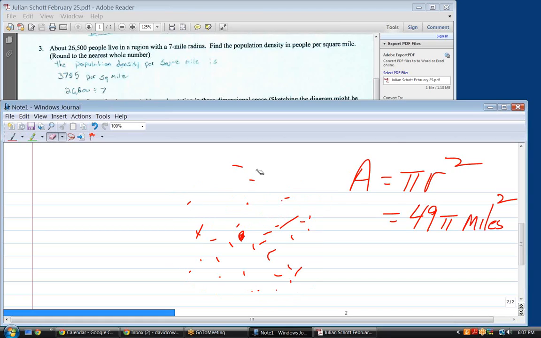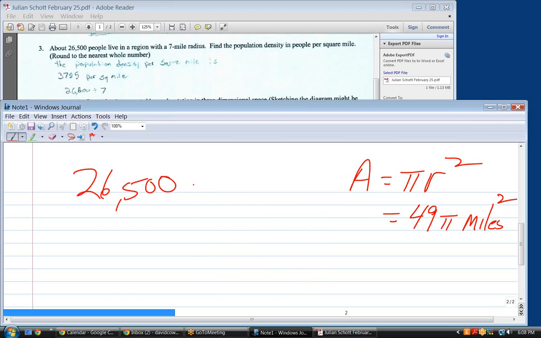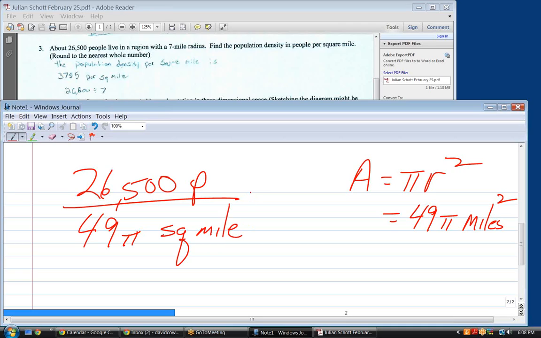So if we take 26,500 people and divide it by 49 pi square miles, what units do we end up with?